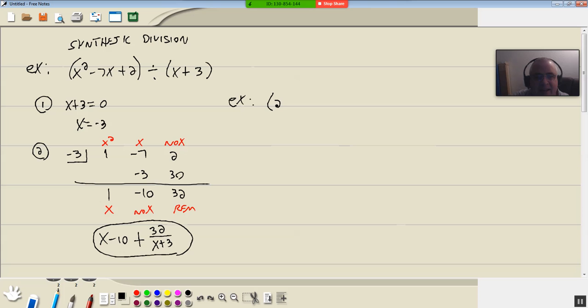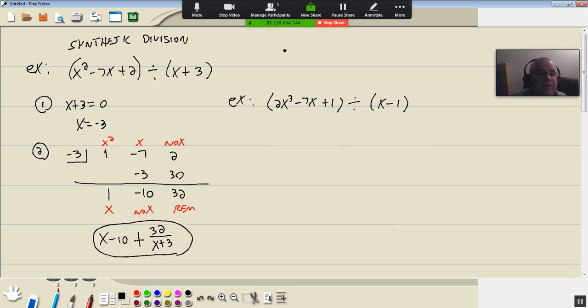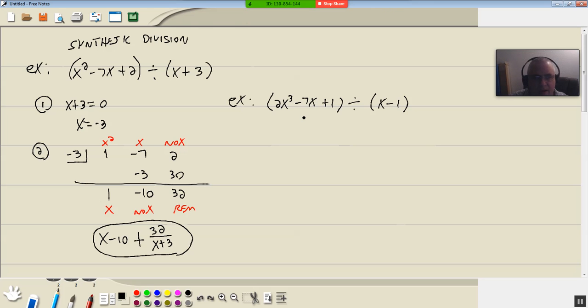Now let's say I had 2x to the third minus 7x plus 1, and I'm dividing that by x minus 1. Now same steps. So our first step, we take what we're dividing by, which is x minus 1, set it equal to 0, and solve it.